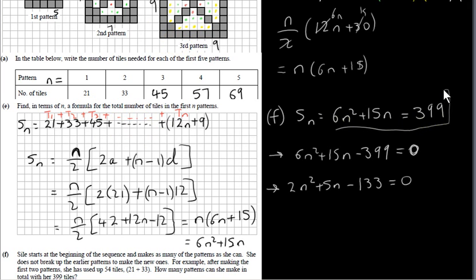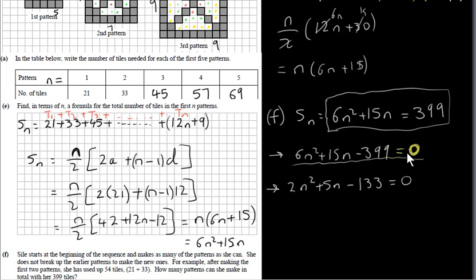Now we need to solve this equation here. But this equation involves n squared, so it's a quadratic equation. To solve a quadratic equation, we get it into standard form. That is, we get 0 on one side. And then you can apply your formula to this quadratic equation here. You can say a is equal to 6, b is equal to plus 15, c is equal to minus 399.